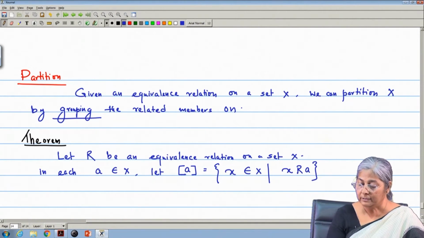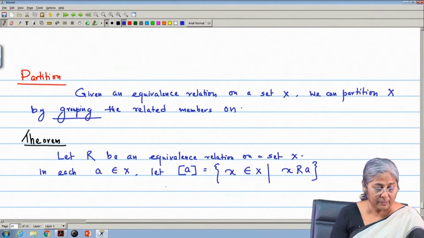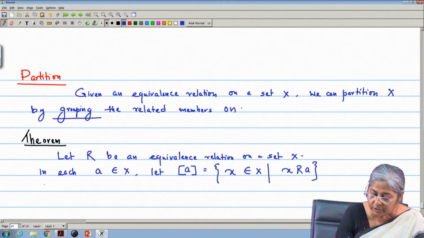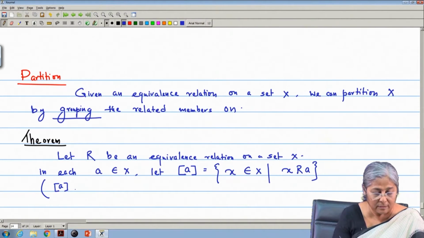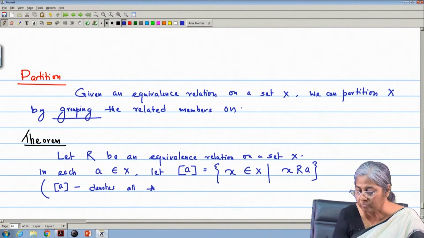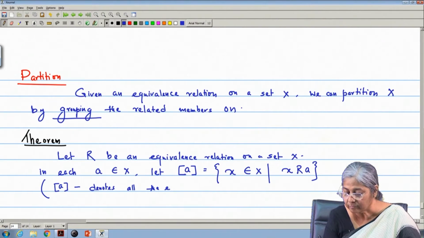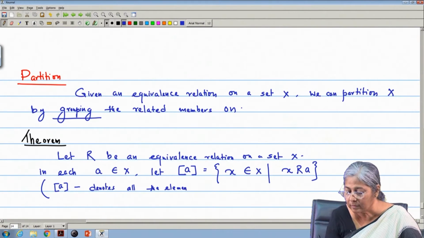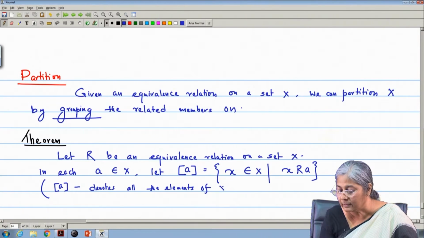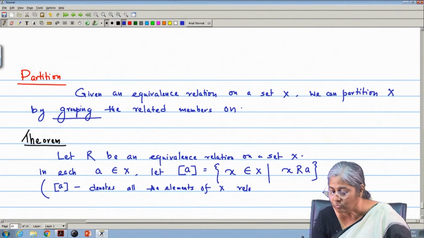By this notation [a], we denote all the elements of X that are related to a.